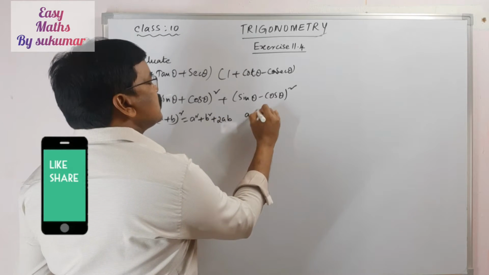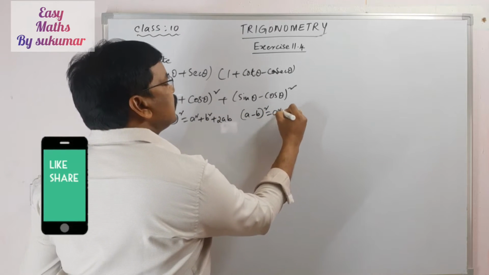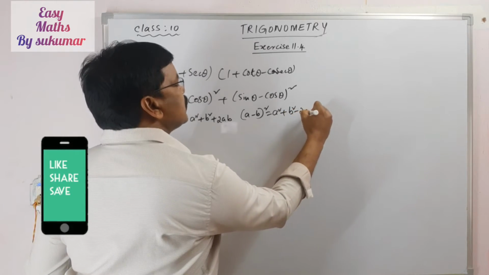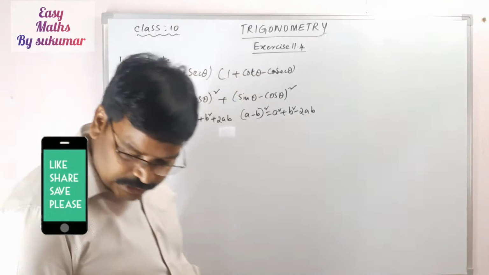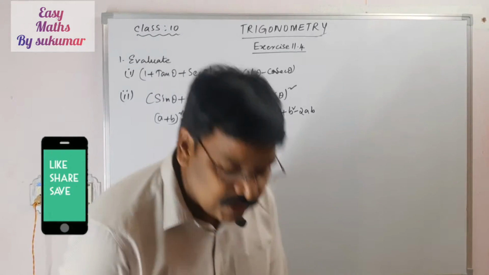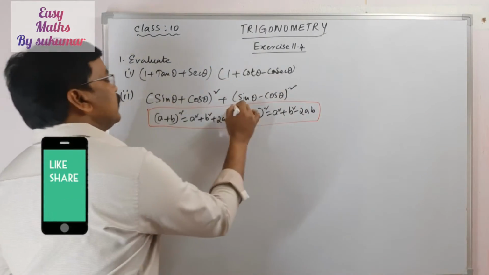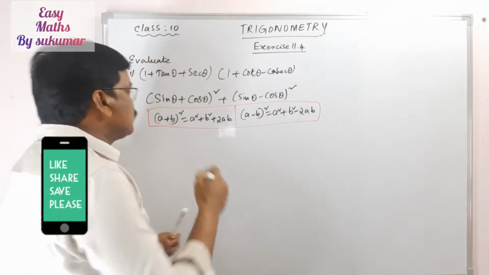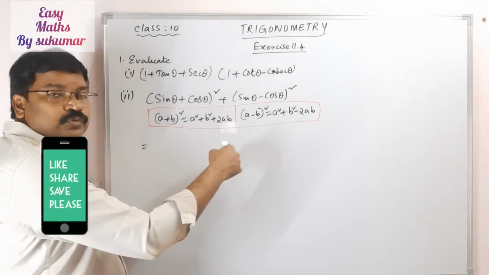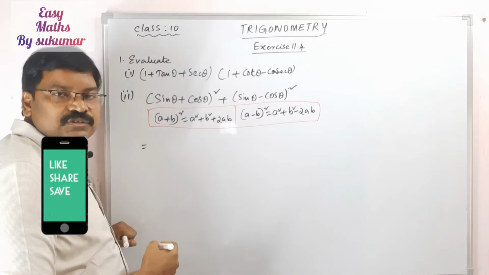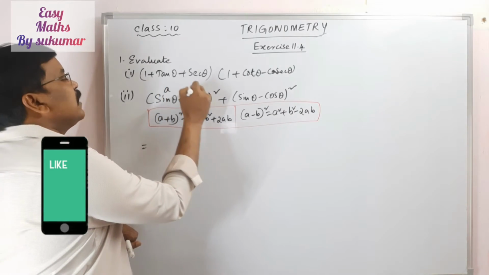What about (a minus b) whole square here? A square plus b square minus 2ab. So using these two algebraic identities, (a plus b) whole square and (a minus b) whole square, let us expand (sin theta plus cos theta) whole square and (sin theta minus cos theta) whole square. Here this is a and this is b.